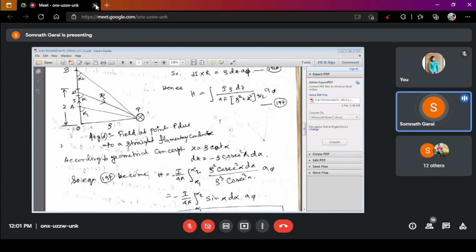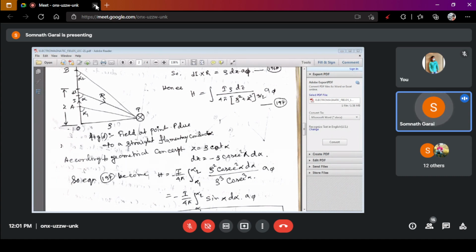Now, if we take this triangle, then cot alpha is equal to z by rho, because cot alpha is equal to base by perpendicular. Here the base is equal to z and the perpendicular is equal to rho.